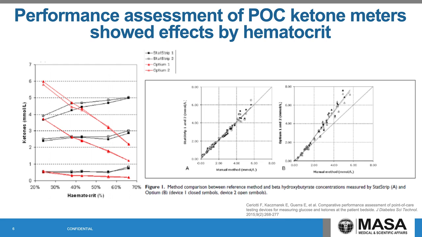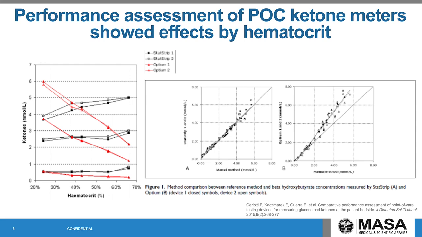In the graph on your left, you have ketone concentration on the y-axis and hematocrit concentration on the x-axis. As you remember, hematocrit is often an interfering agent, for both ketone and glucose, for example. And in the ICU specifically, you might find patients with a hematocrit far outside the normal range due to their treatment.